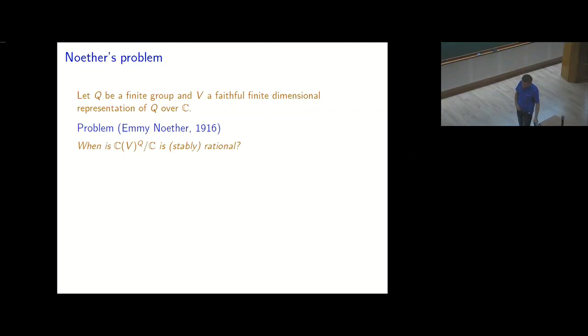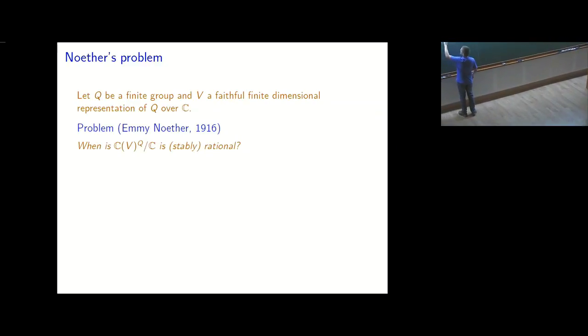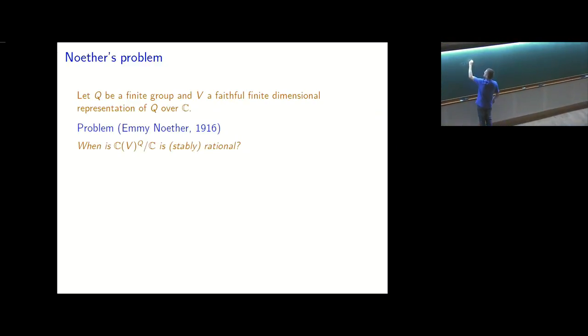By stably rational, I mean that if you take sufficiently many variables, then this is going to be isomorphic to C, the rational functions over C over sufficiently many variables.